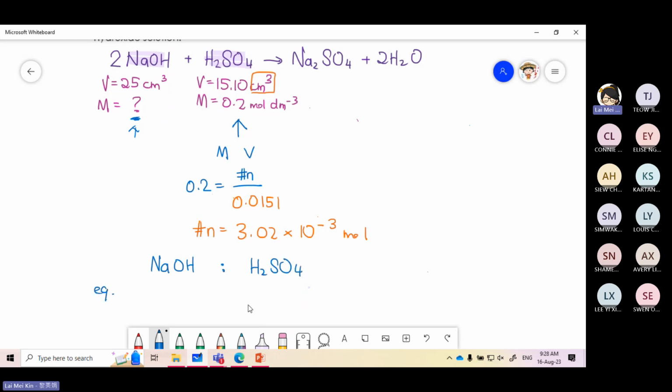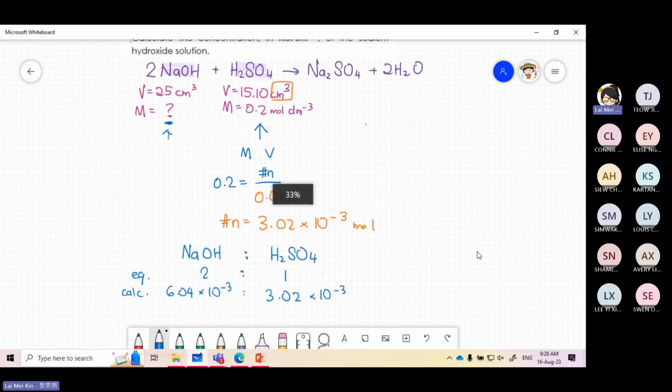According to the equation, 2 to the ratio of 1. According to my calculation, I have H2SO4 3.02 times 10 negative 3 mole. So how many moles of sodium hydroxide are there? Times 10 negative 3.